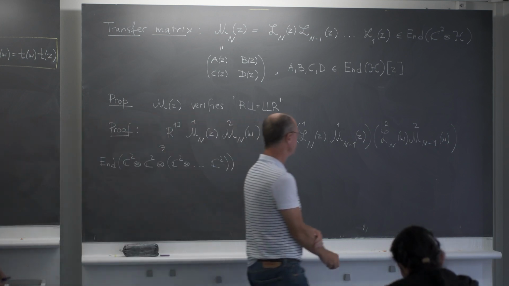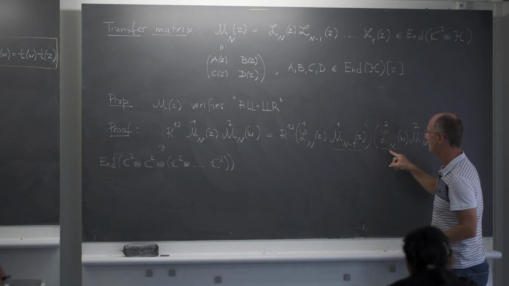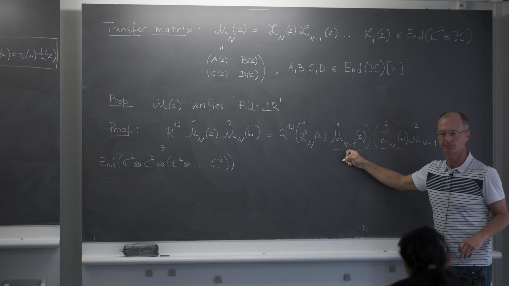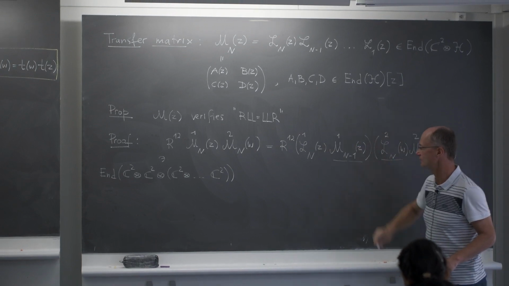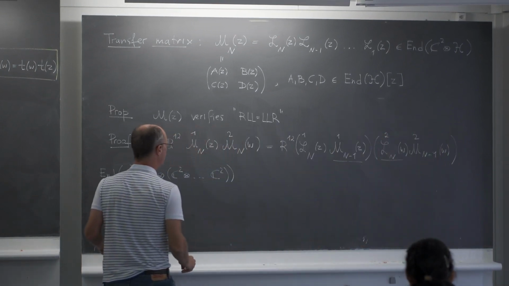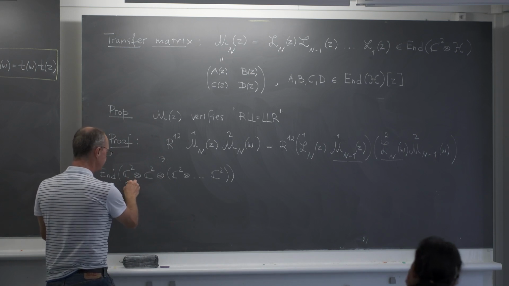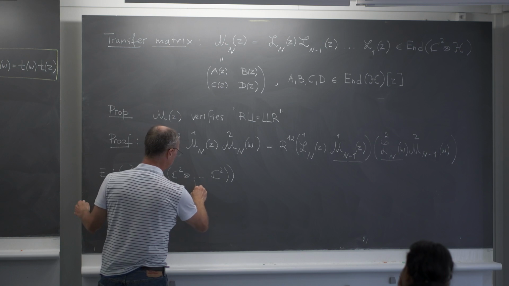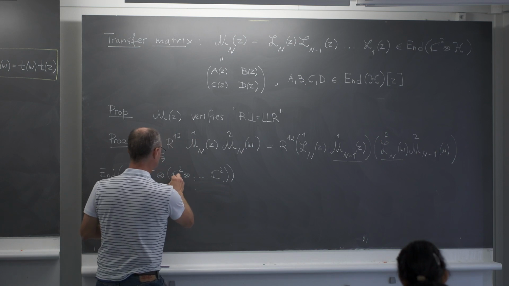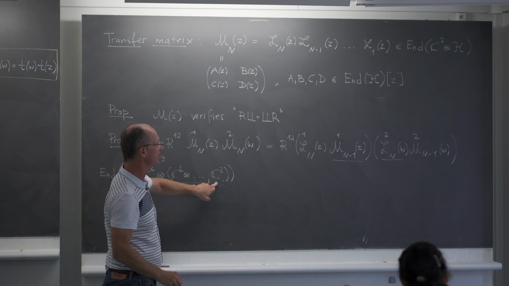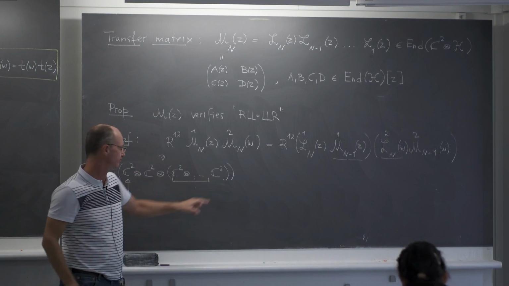Now I would like to argue that actually these two operators commute. Why is that? That's because this guy, M1, acts on this space and on all these spaces, but not on the last one, because I didn't use Ln in defining Mn minus 1.